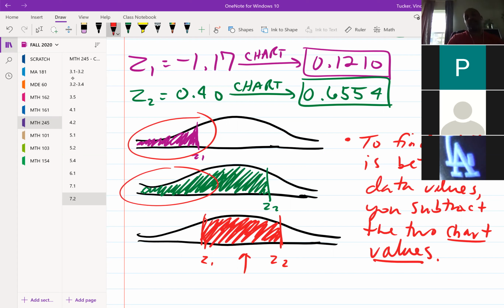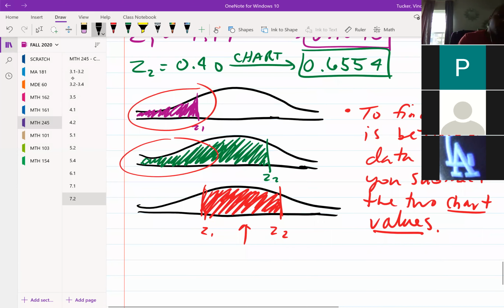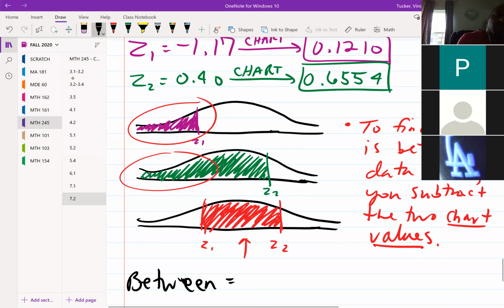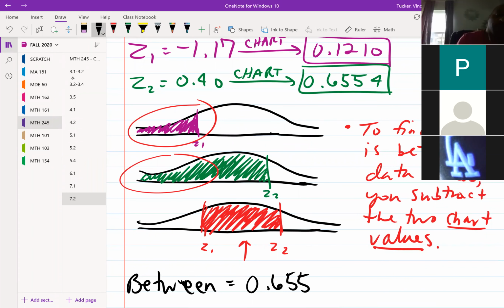Remember, it's the chart value that we subtract from one, and it's the chart values that we subtract from each other, not the z-scores. We are not doing any calculation with z-scores. We calculate with the chart values. So to find the portion between, we do 0.6554 minus 0.1210.